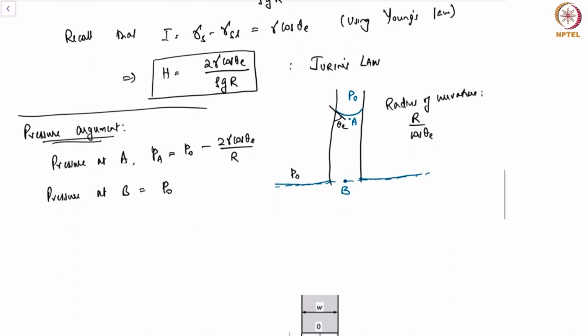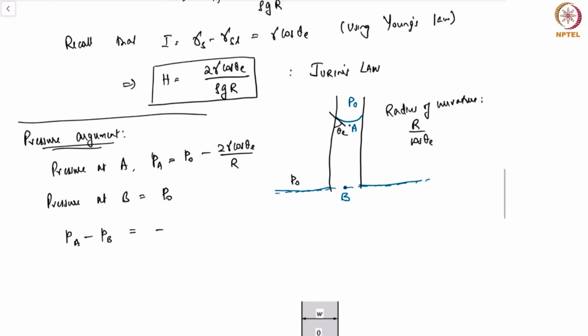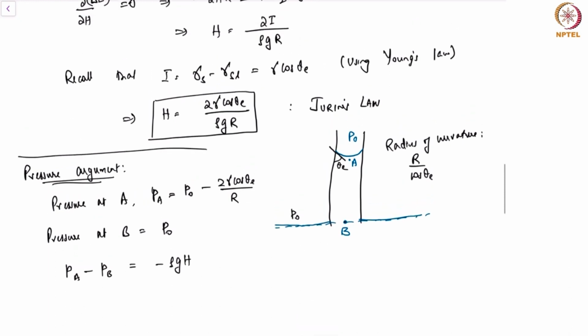So this PA minus PB essentially would be hydrostatic, and that will be minus rho g h. The reason I wrote minus rho g h is that the pressure at A is lower than the pressure at B just because of gravity.